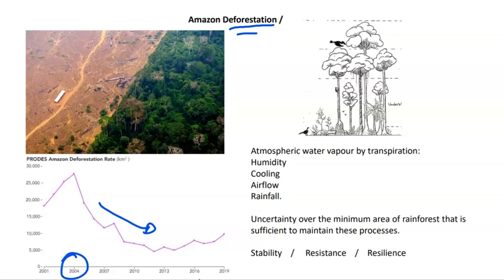The deforestation that we can see imaged here has consequences for that particular habitat, in which humidity is reduced, cooling is reduced, airflow is also reduced, and rainfall results in much water running off and not being available to plant growth anyway.